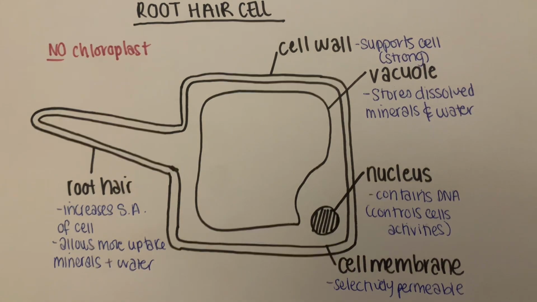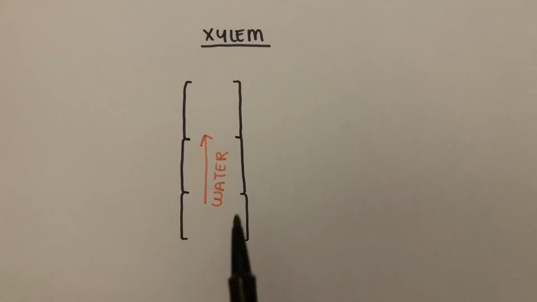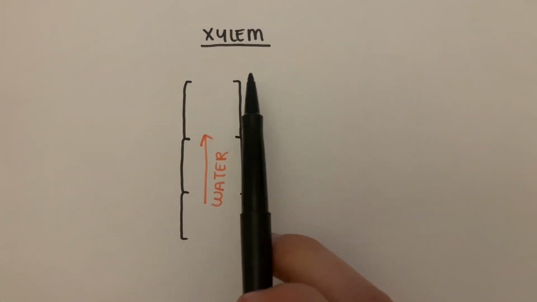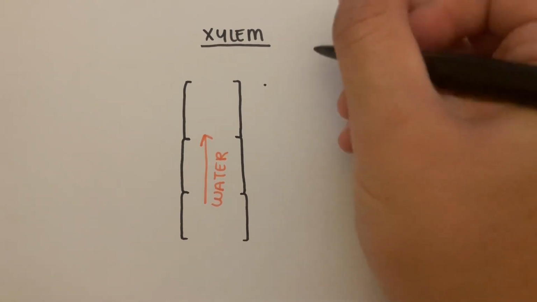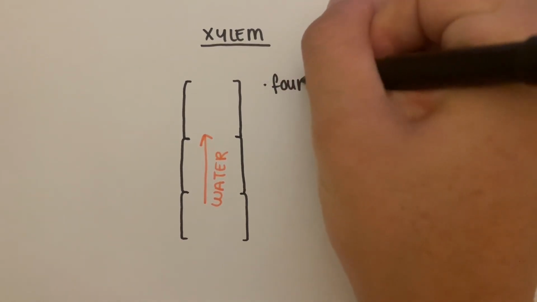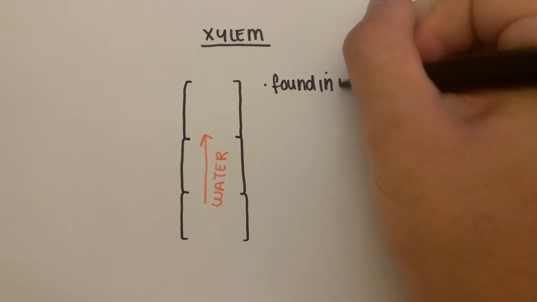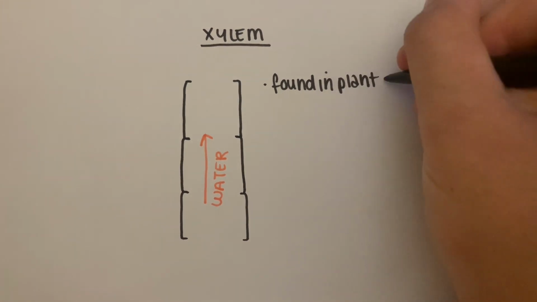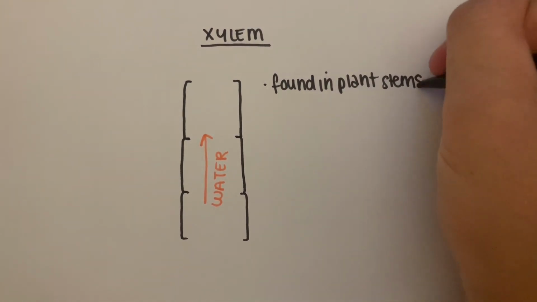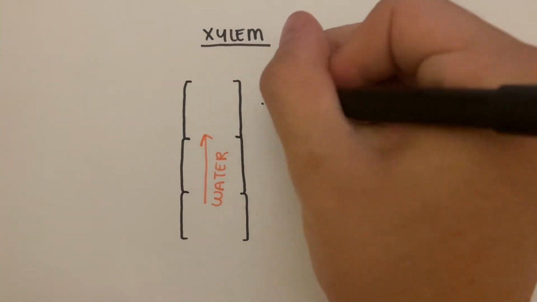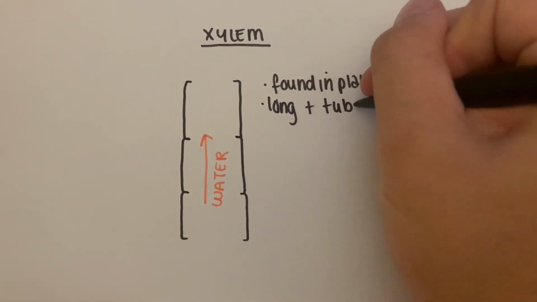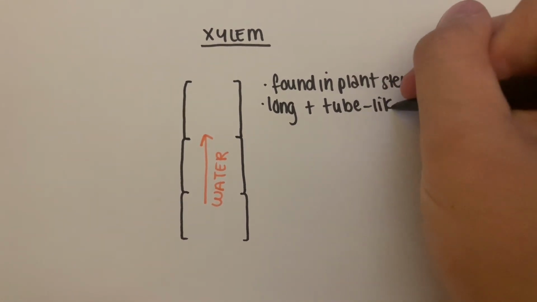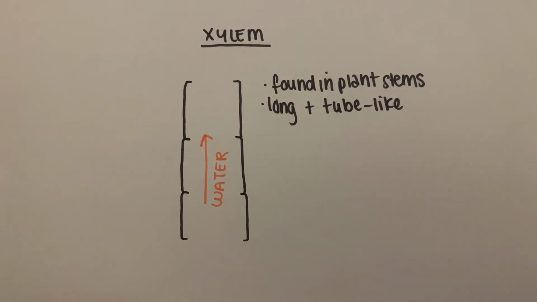So now we're on to the xylem. It's very important to know that the xylem is actually a tissue, but it's made up of xylem cells. The things you need to know about the xylem are that they're found in plant stems. That's very important to know. They are long and tube-like, as you can see from the diagram that I've drawn.